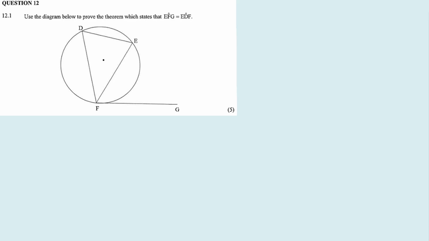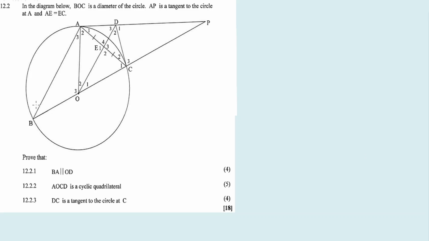So here with question 12 we have two questions: 12.1, where we have to prove a theorem, and 12.2, where we perform calculations. In 12.2 we are actually proving parallel lines, a cyclic quad as well as a tangent.